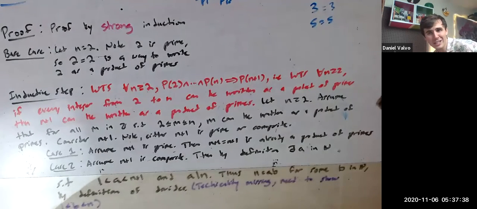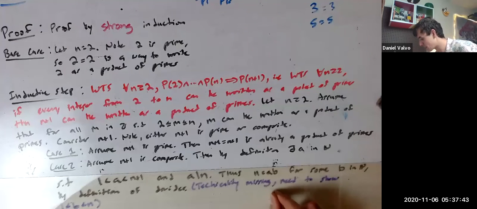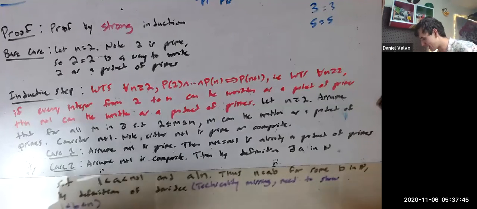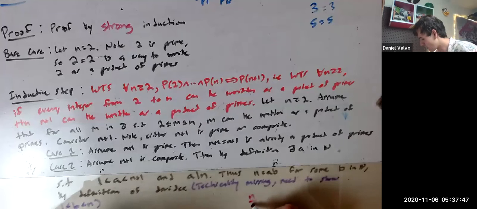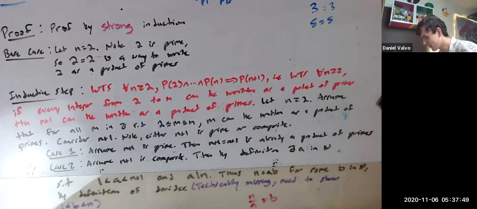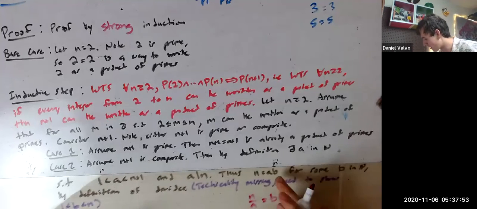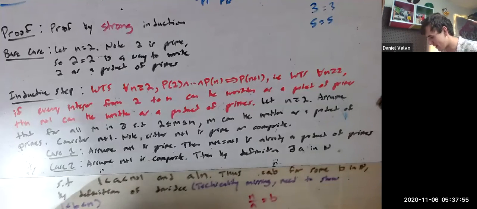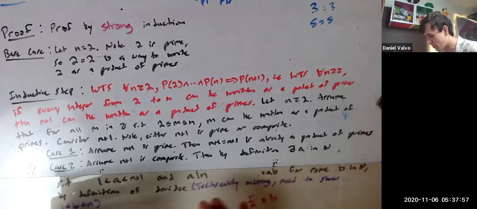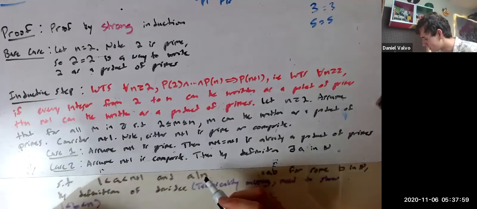And we can show that kind of easily. Since n+1 equals a times b, then (n+1) over a equals b. Sorry, it's all n+1. What am I doing? We know n+1 is composite, not n.